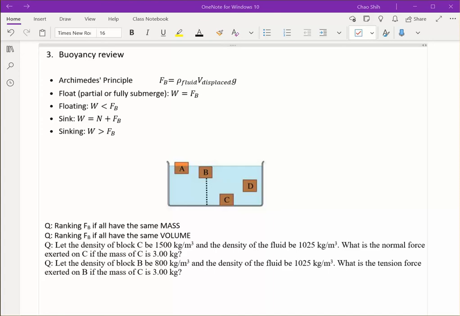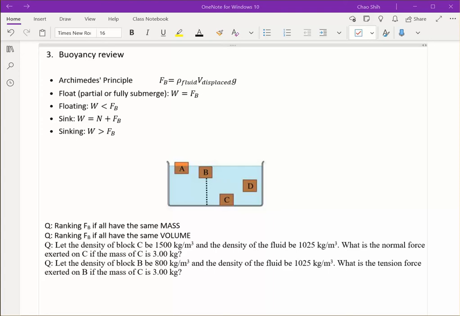Then, to talk about the buoyancy, you have to talk about the Archimedes principle. If you look at the slide right now, we summarize the possible situations that you could have. Doesn't matter which kind of scenario, the Archimedes principle is always valid.